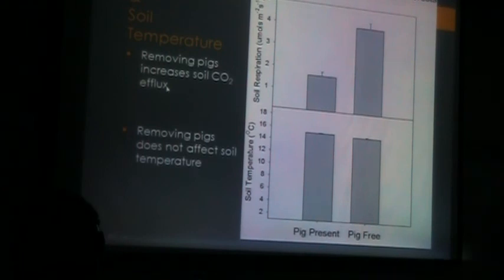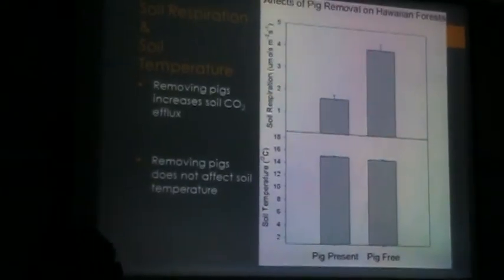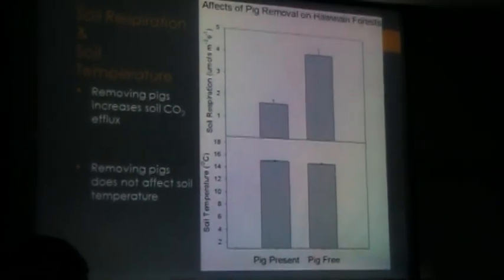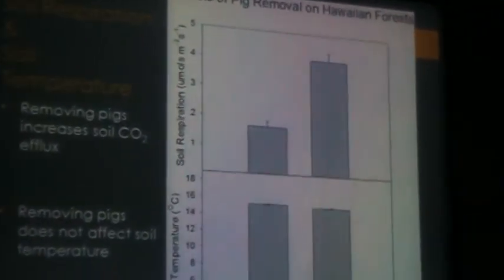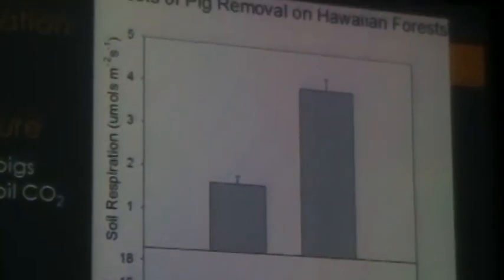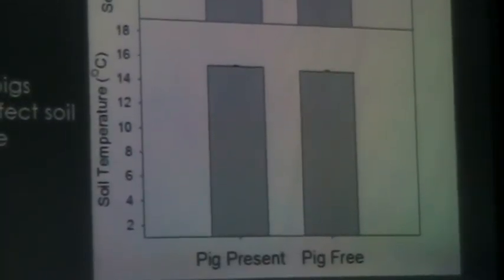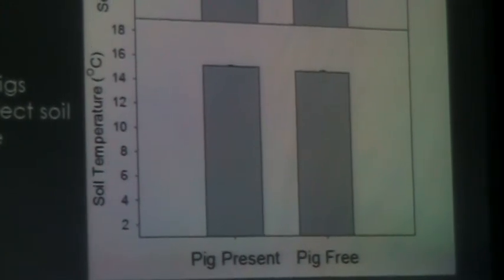For the soil temperature compared to the soil respiration, there was not really a big change in soil temperature. I think this is because of the atmosphere and how cold it is up in Volcano, it doesn't really differ.